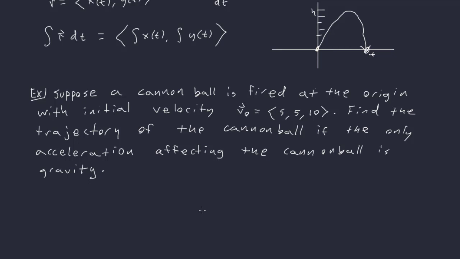All right, so let's check out this example here. Let's suppose a cannonball is fired at the origin with initial velocity v0, which is 5, 5, 10, and I forgot to put it here, but that should be meters per second. So what this is saying is that it's fired in the x direction 5 meters per second.